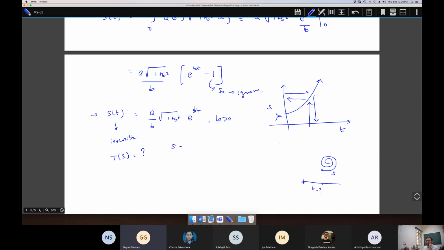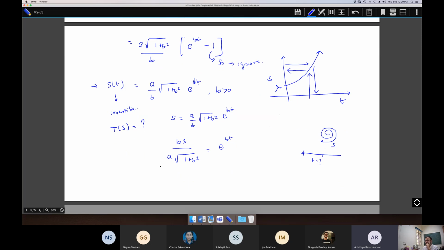So you write s equals a by b root of 1 plus b square e raised to bt. What shall we do? Take log. So you do bs by a root of 1 plus b square equals e raised to bt, right? So you take the logarithm on both sides.